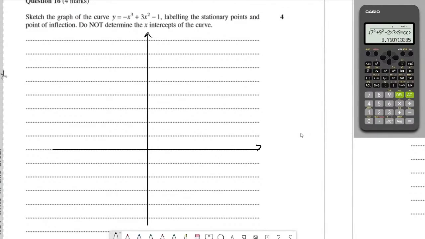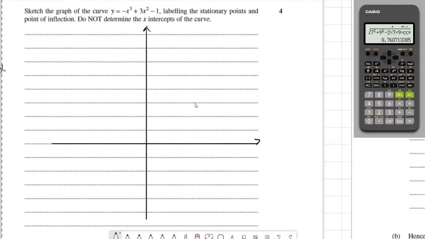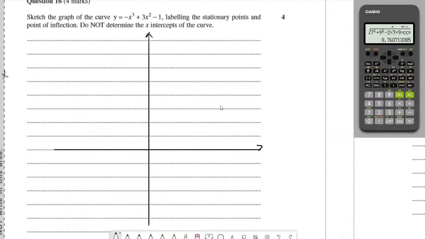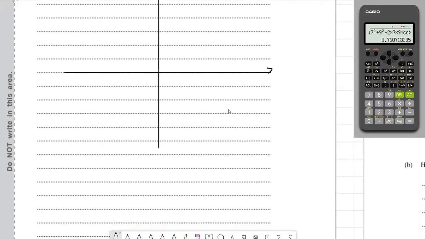So, sketch the graph of the curve, labeling the stationary points and the points of inflection. Do not determine the x-intercepts of the curve. Okay, so let's look for the stationary points.